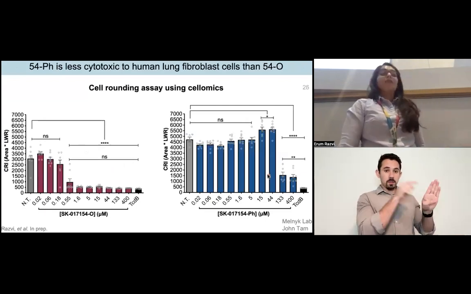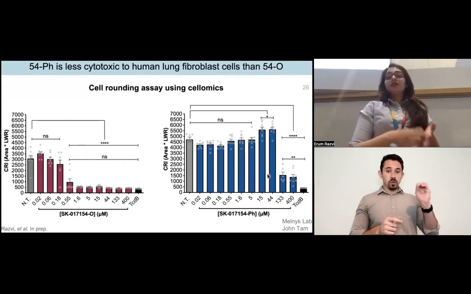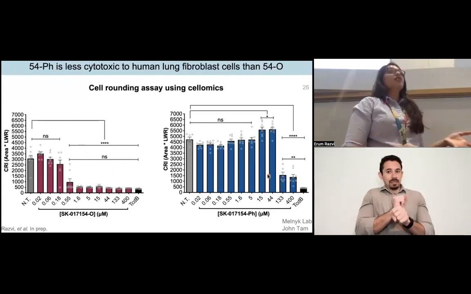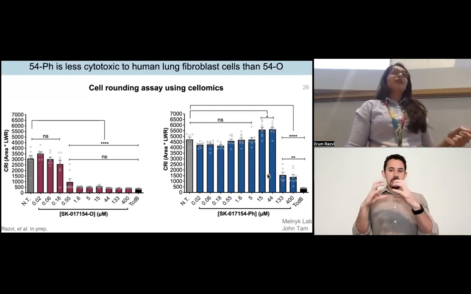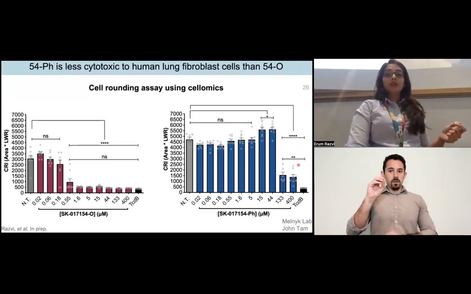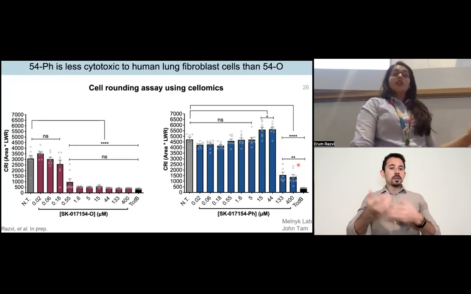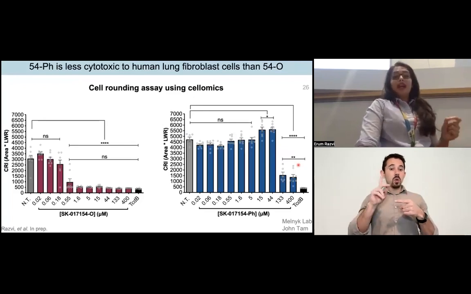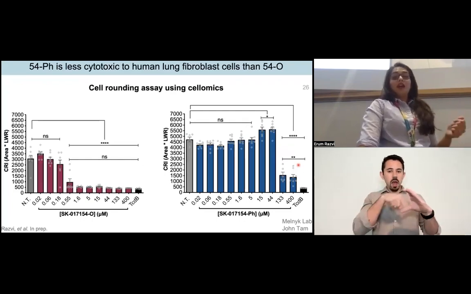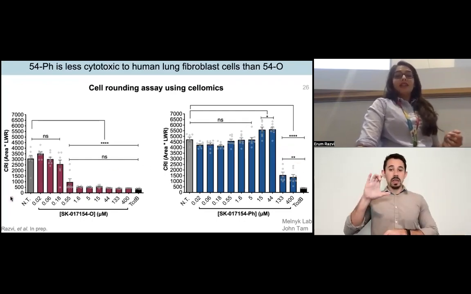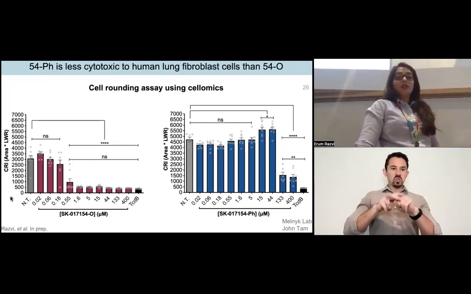In collaboration with the Melnick Lab, we next sought to examine whether exogenous 54O or 54PH treatment was cytotoxic to mammalian cells, specifically to IMR90 human lung fibroblast cells. To examine if the compounds influenced cell morphology, we performed a cell rounding assay to obtain a cell rounding index, CRI, where a lower CRI is indicative of increased cell rounding, which precedes apoptosis.